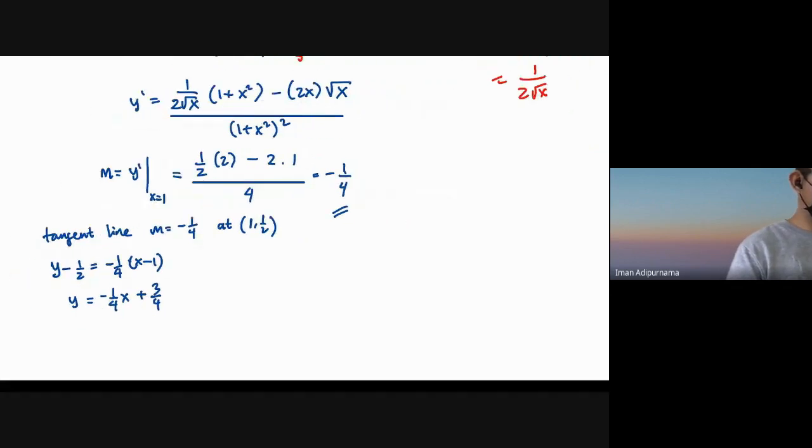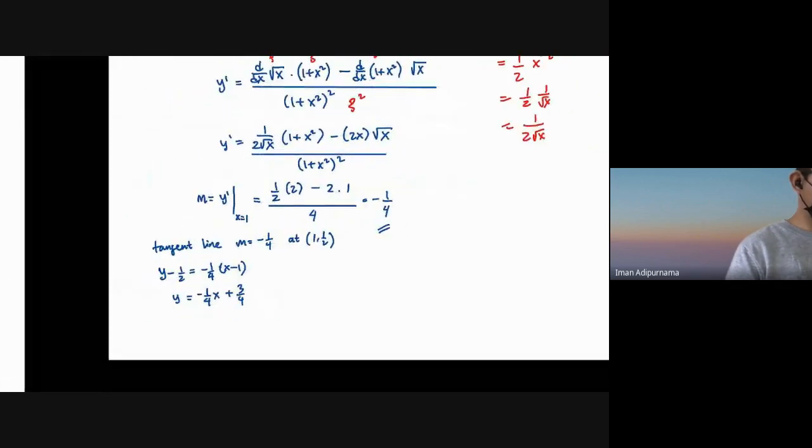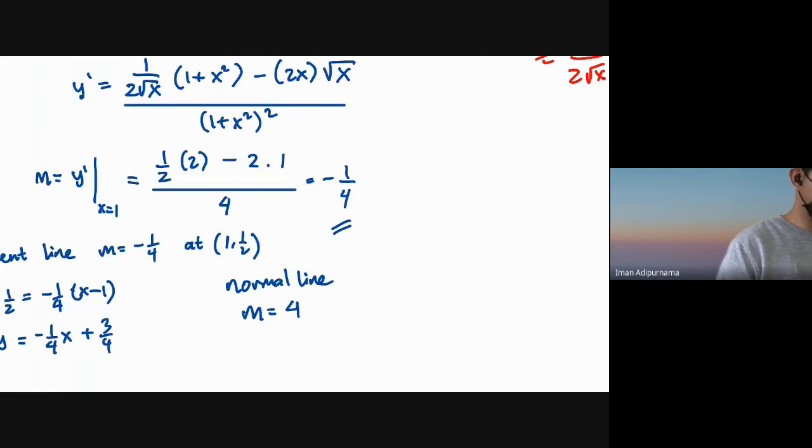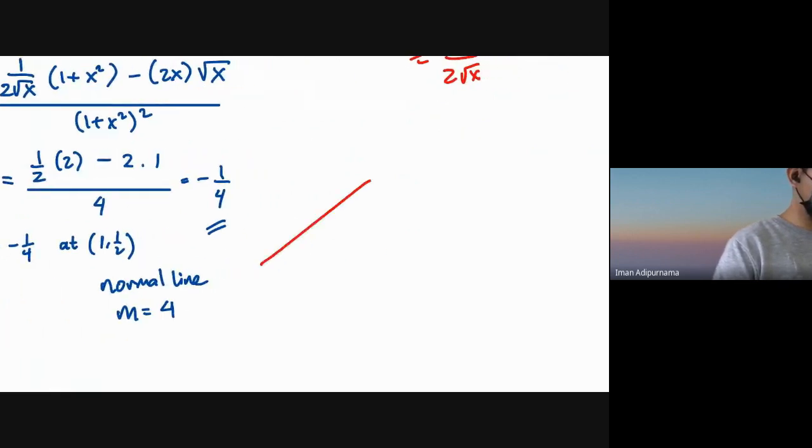And the other one is the normal line. The gradient is 4, okay, for normal line. Remember normal line, so if this is a tangent line, this will be the normal line.